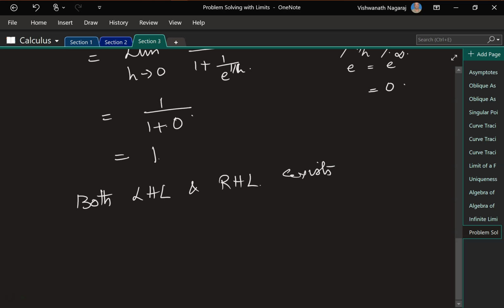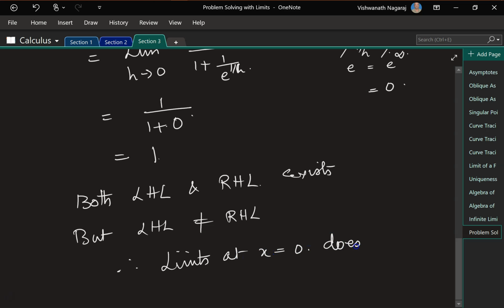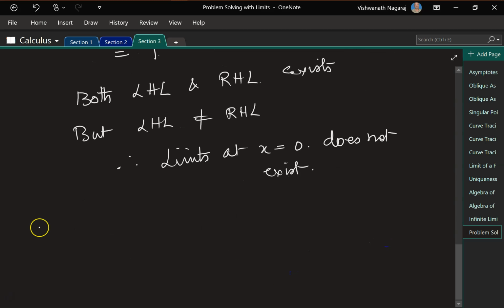One is 0, one is 1. But left hand limit is not equal to right hand limit. So therefore the limit at x equal to 0 does not exist. Now let's look at the next problem.